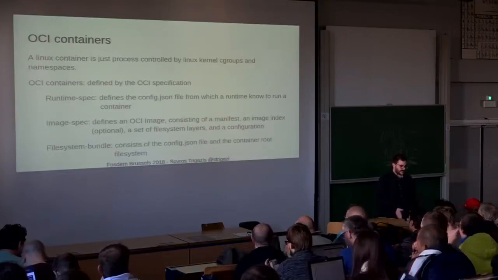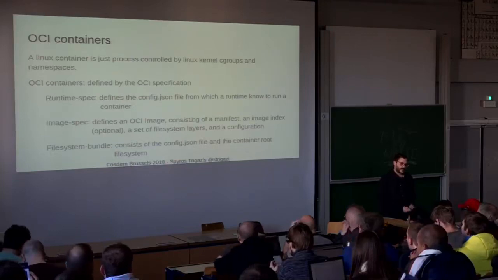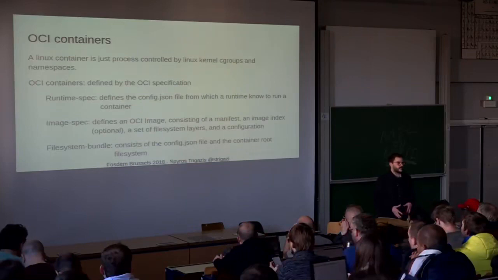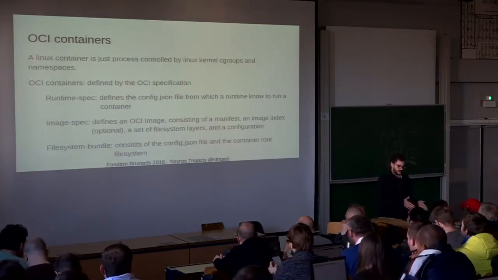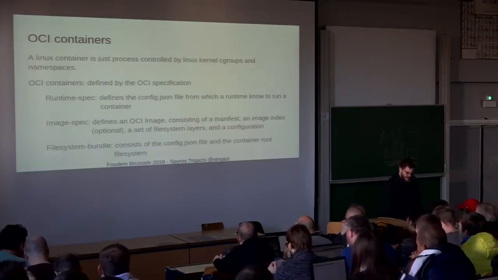And finally, it's the file system bundle. So when the container runtime or any other tool pulls an image that is OCI compliant, it extracts it in a file system bundle that has a root file system where the container will start, and the configuration which points to that root file system and describes all the capabilities and what is the demon.